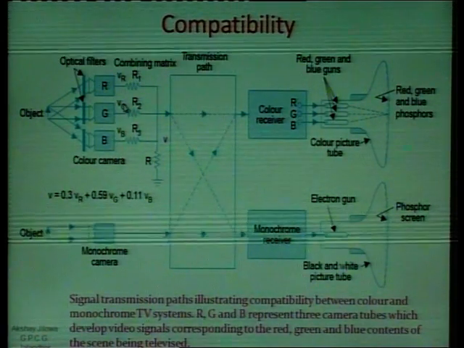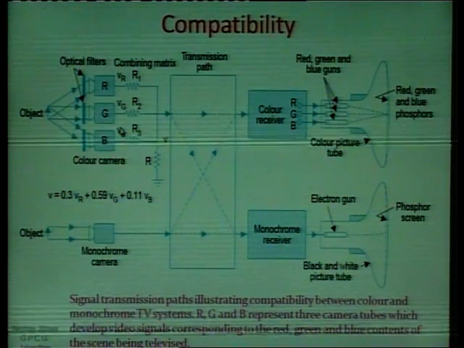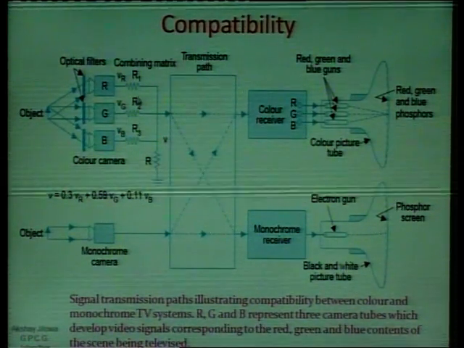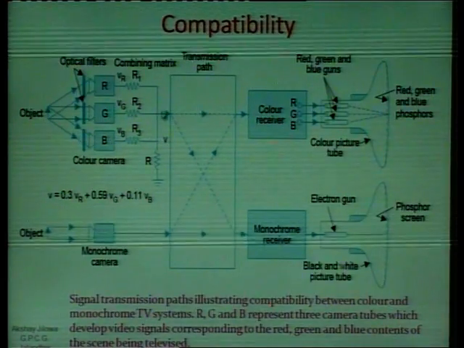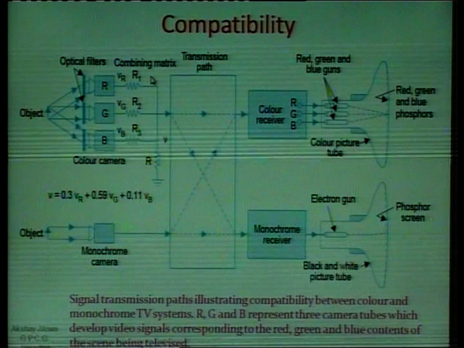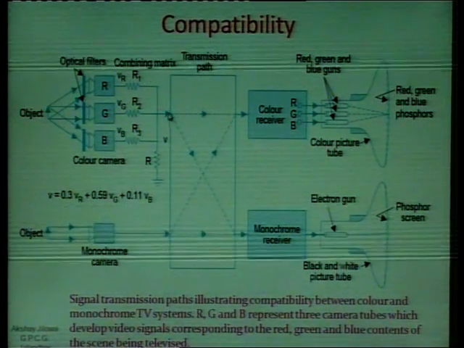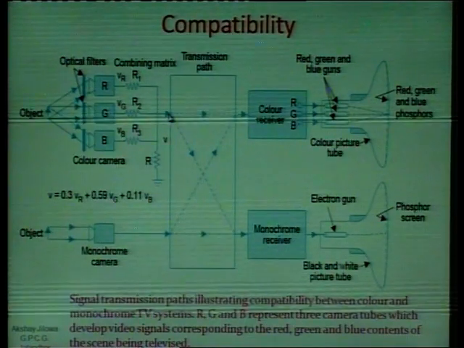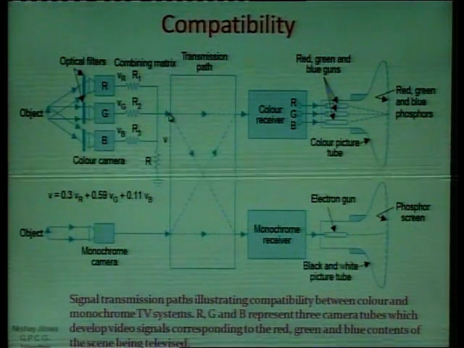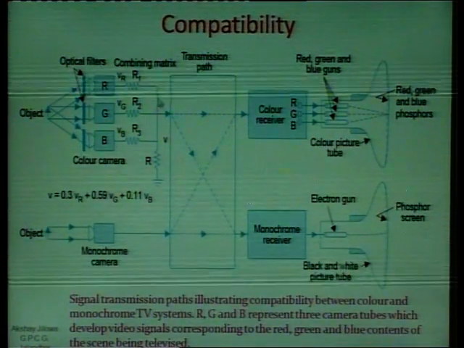This VR, VG and VB is nothing but the voltage corresponding to red, green and blue colors, and then here they are mixed with the help of a combining or mixing network, which is called a combining matrix, and after getting mixed these signals are transmitted. When these signals are transmitted, what happens in the transmission path?